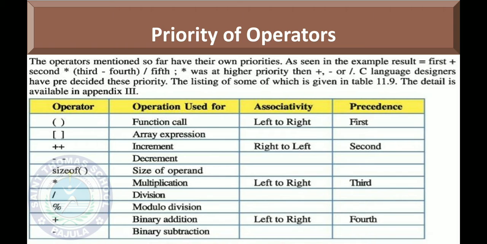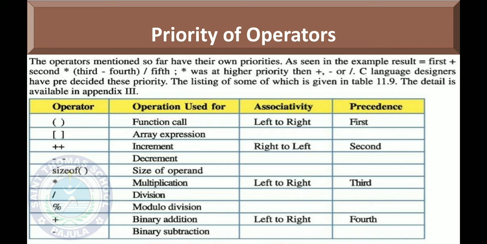Like this we have to decide the associativity, based on the direction in which we can give them the priority. So I have explained what precedence is and what associativity is.